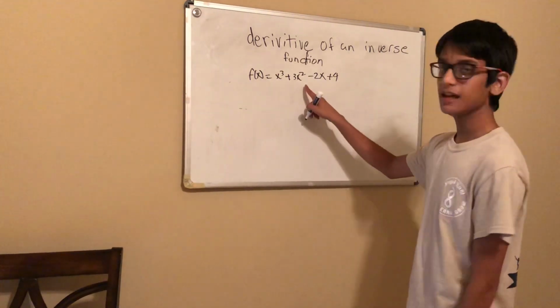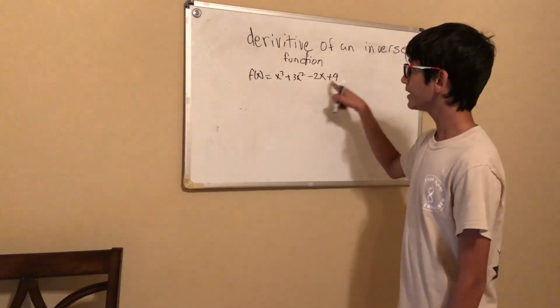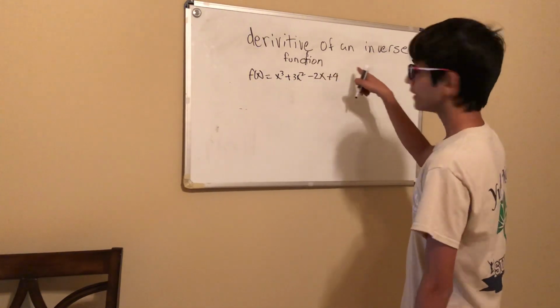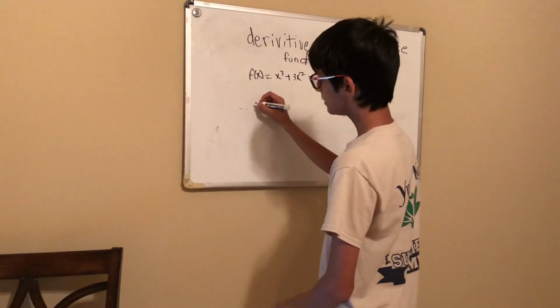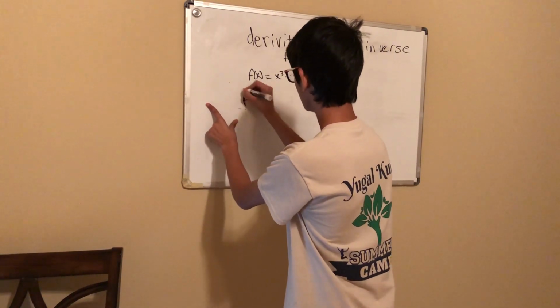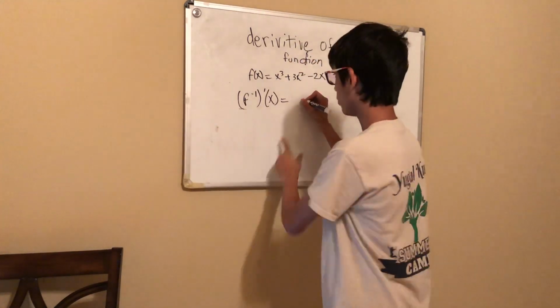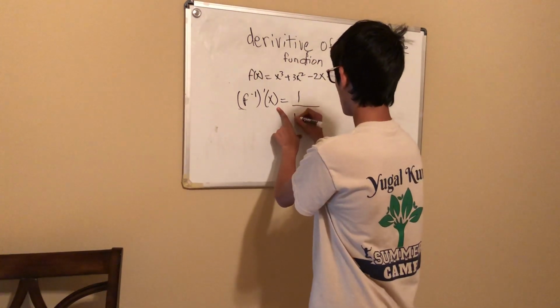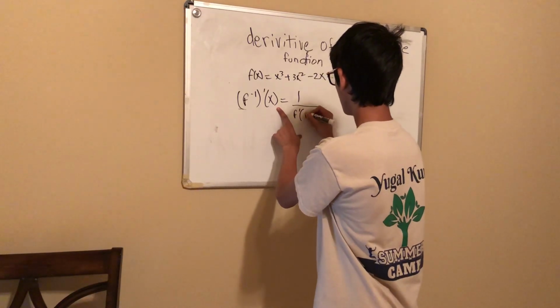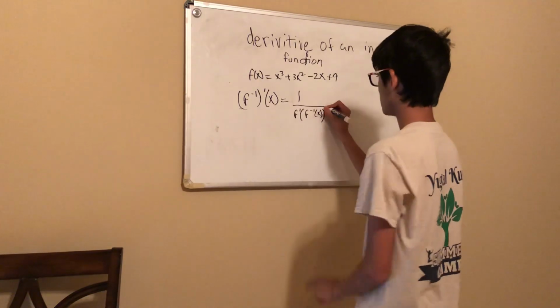But if given a function where you can't find the inverse, the way that you would take the derivative of an inverse function here is f inverse prime of x equals 1 over f prime of f inverse of x, right?